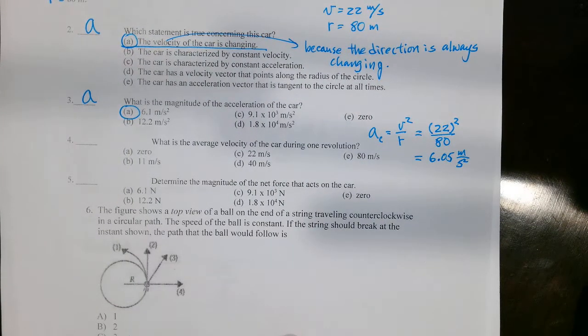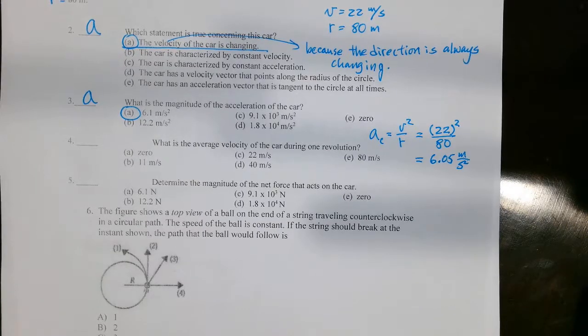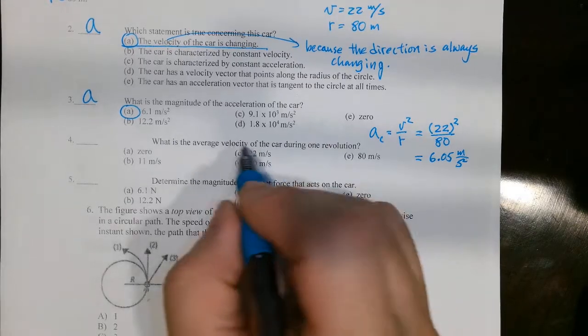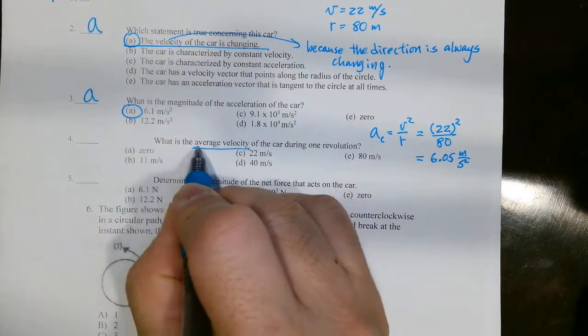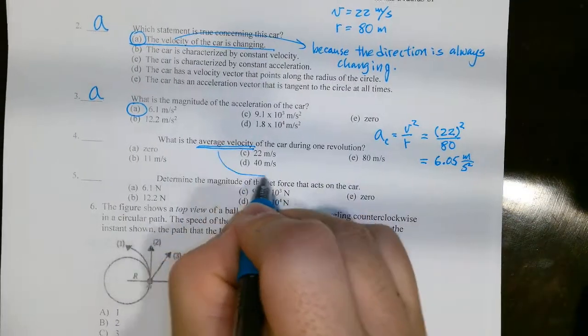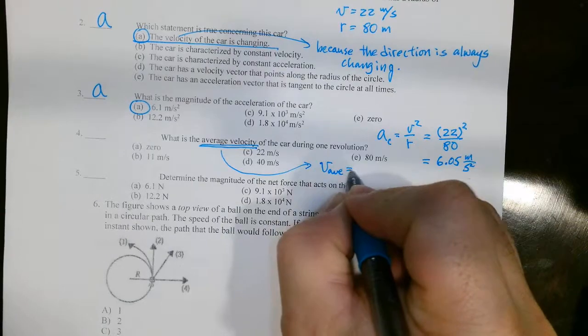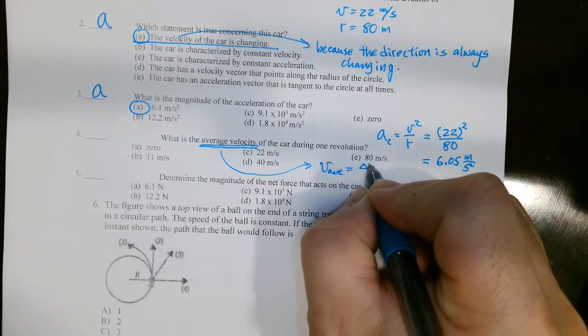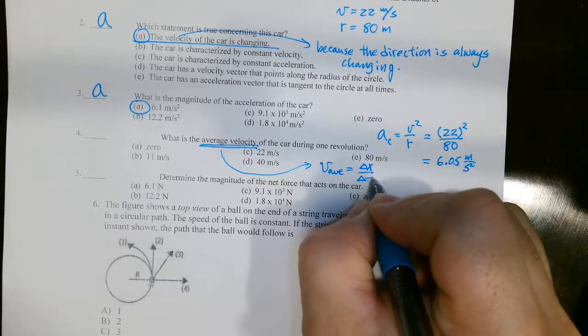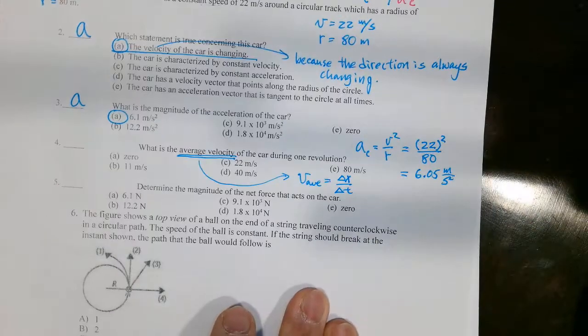All right, and number 4. What is the average velocity of the car during one revolution? Well, average velocity, by definition, is change in position over change in time. Remember from chapter 2?